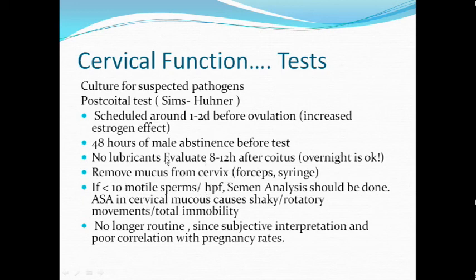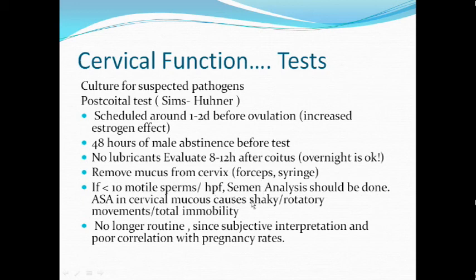You have to collect the mucus from the cervix with a syringe 8 to 12 hours after the coitus, spread it over a slide and look for the sperm. If it is less than 10 motile sperm per HPF, you should go for semen analysis.